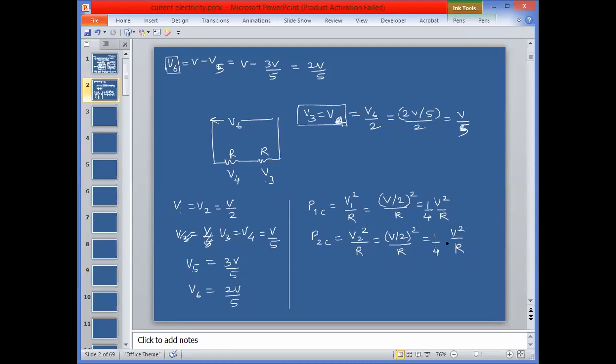How many times V square upon R? Write it down: 1 by 4.